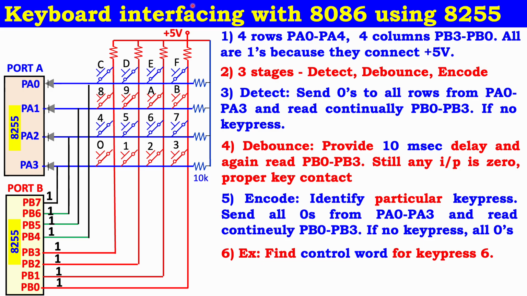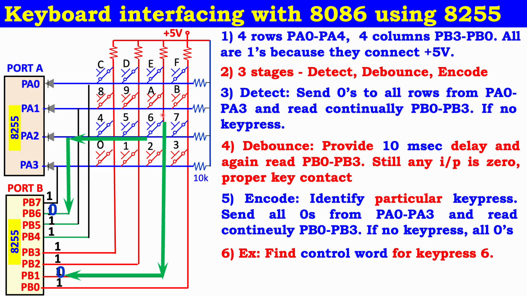Before, it was connected to logic high. Now we want to identify key press 6. When key 6 is pressed, this is the row, and this row is connected to PB6. So PB6's 1 becomes 0.